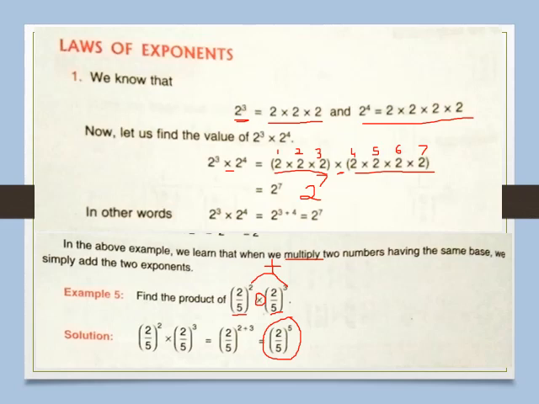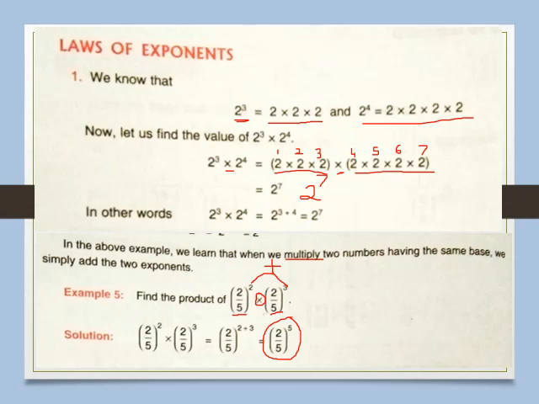How many times does it become? 1, 2, 3, 4, 5, 6, and the last one is 7 times 2. So you will write this number as 2 raised to 7. Why 7? Because 2 is there 7 times.